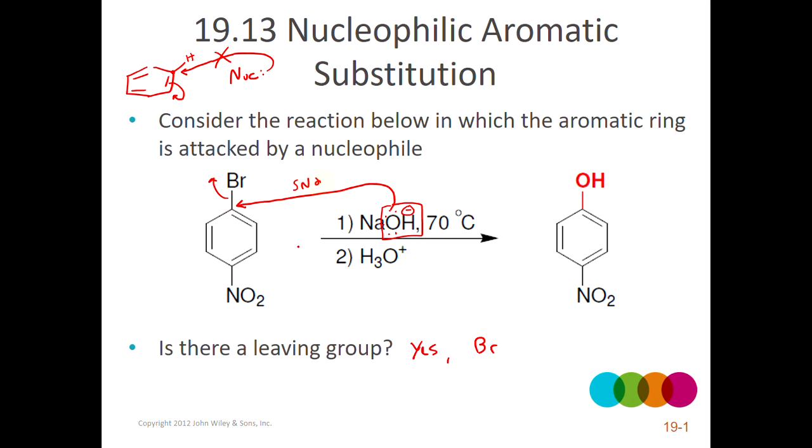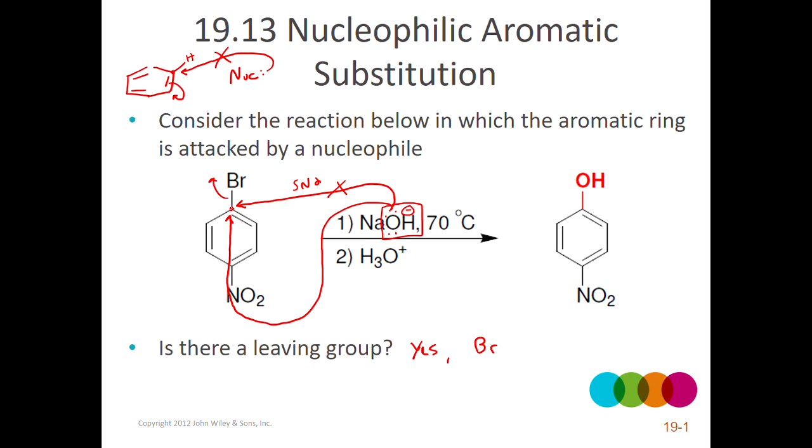If I were thinking about an SN2, that would require the nucleophile to attack from the back side from where the leaving group is. And since this is flat and all these atoms, nuclei, are in the same plane, that would actually require the nucleophile to attack through the ring, the back side of where the bromine is.